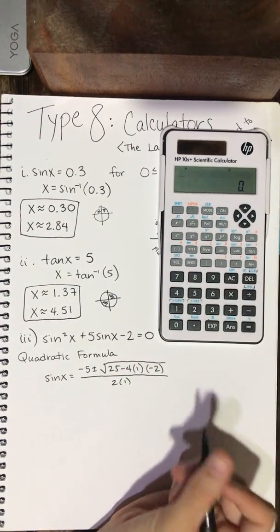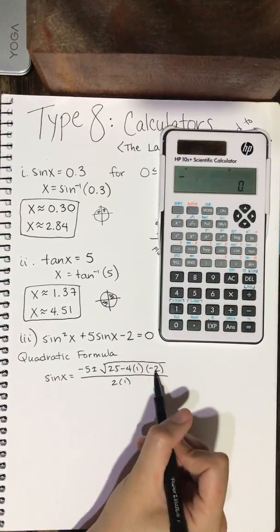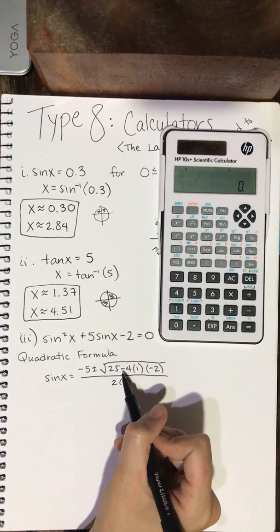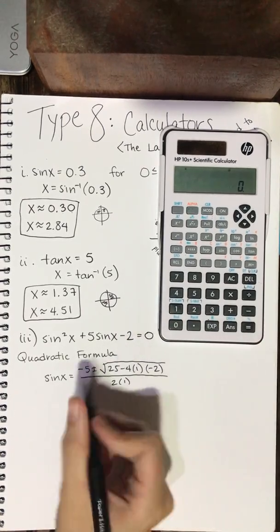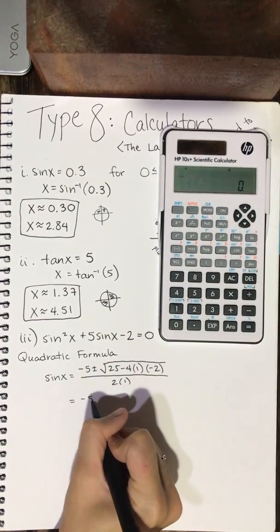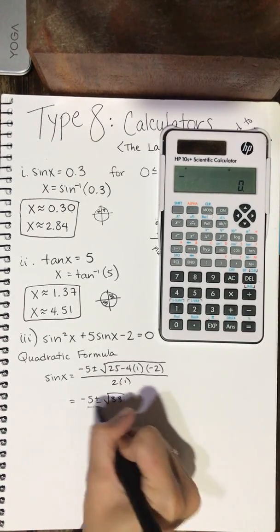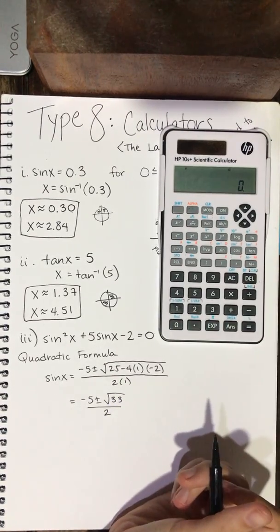Gorgeous. All right, 25 plus 8, negative 4 times negative 2 will be positive 8. 25 plus 8, 33. So we're going to have negative 5 plus or minus the square root of 33 over 2. Y'all don't be scared, okay?